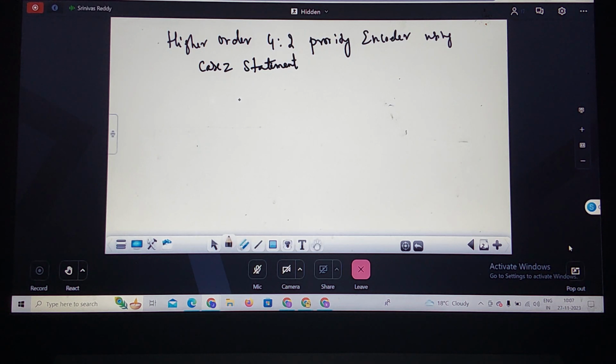How to write the block diagram for this? What is the block diagram of the 4x2 encoder? How many inputs will be there? 4 inputs, 2 outputs.